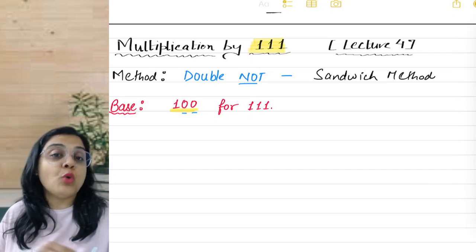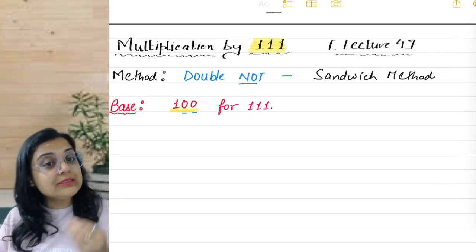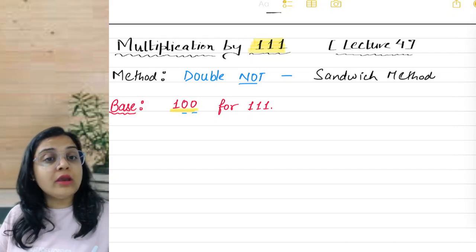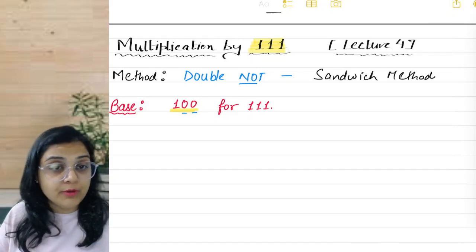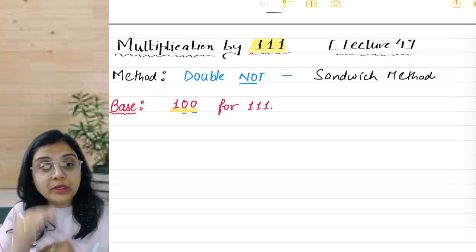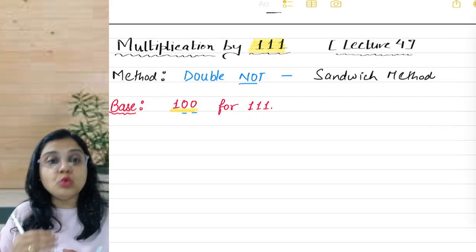But since you are now already well aware of how to adjust the carries, how to balance the carries, in the same video I'll do some examples in the later stage where we'll see the carry problems as well. I hope this is okay with you all. So let us start from the easier one to the difficult one. Try to do it with me.